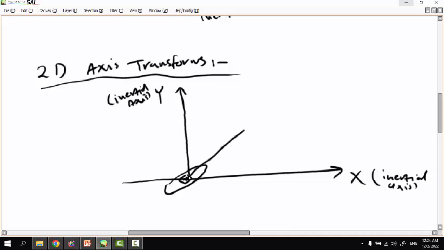And this is the body: this axis is pointing to the front of the vehicle, and this one is perpendicular to it. These are the body axes, and the others are the inertial axes. So we have ax and ay.